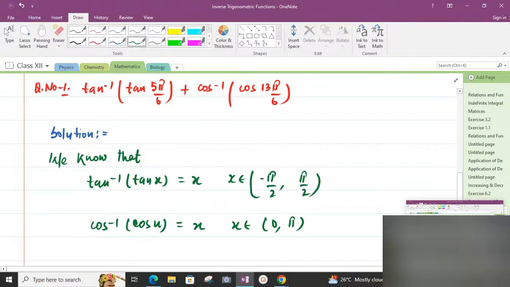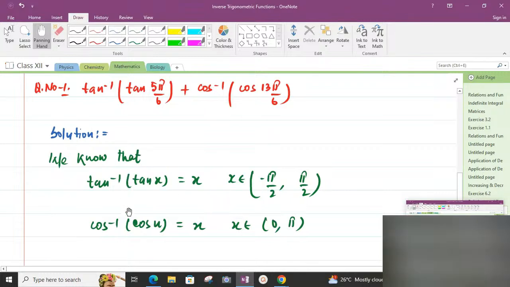So let's see what the next step will be. So we write down here, 5 pi by 6 does not lie between minus pi by 2 and pi by 2, and 13 pi by 6 does not lie between 0 and pi.